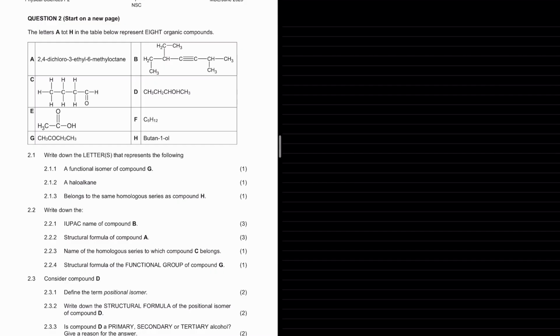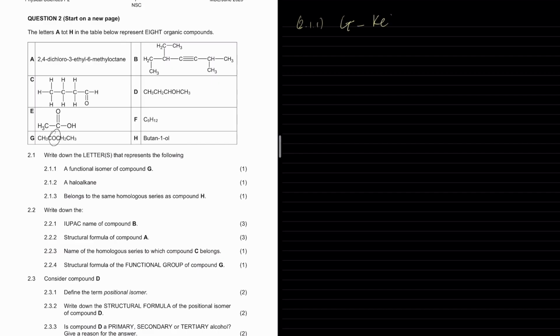Question number 2 reads, the letters A to H in the table below represent 8 organic compounds. Okay, question 2.1 says, write down the letter or letters that represent the following. A functional isomer of compound G. Compound G, I'm seeing the double bond. I'm seeing the C=O that tells me that it is a ketone.